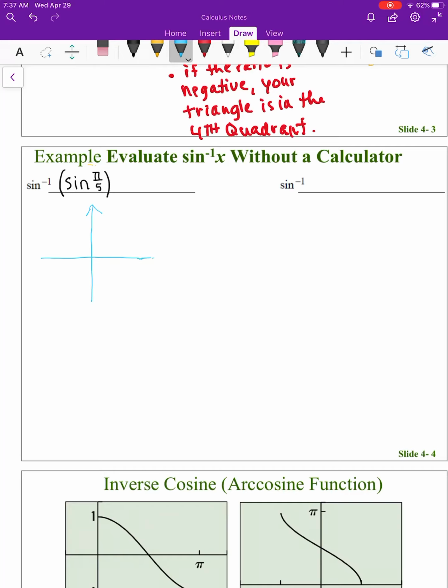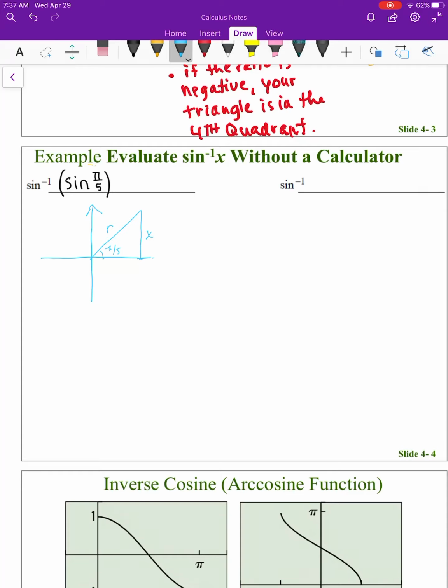So if I draw an xy axis, here's my sine of pi over 5, where pi over 5 is here, and some angle.